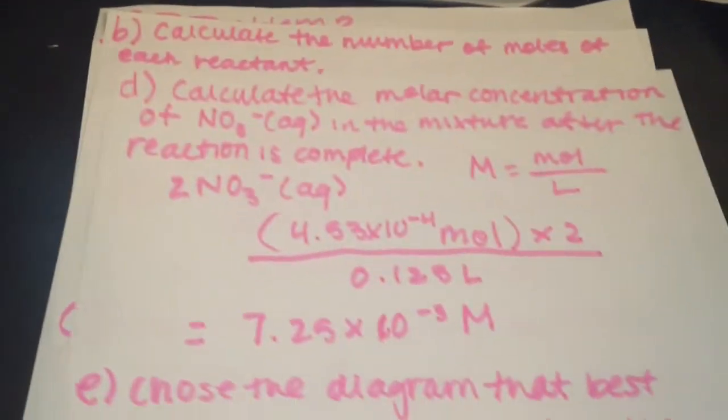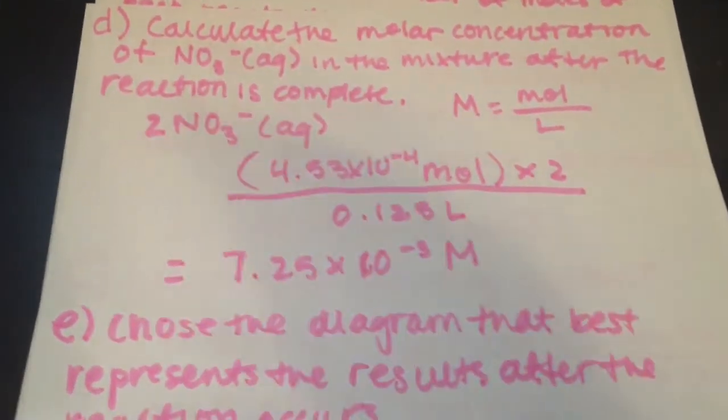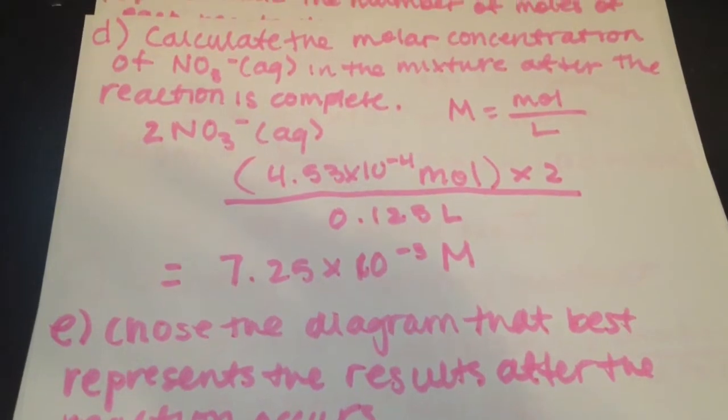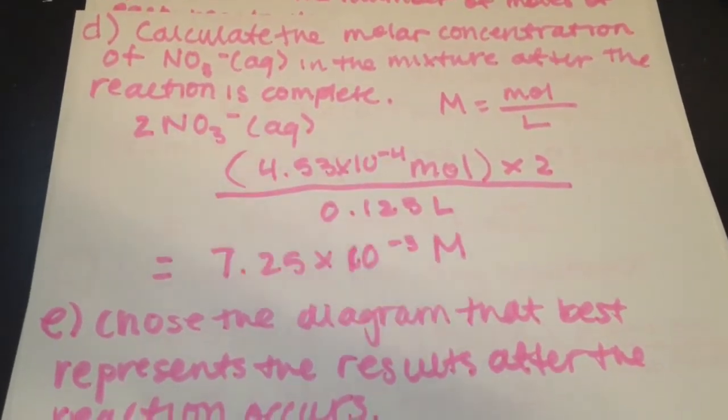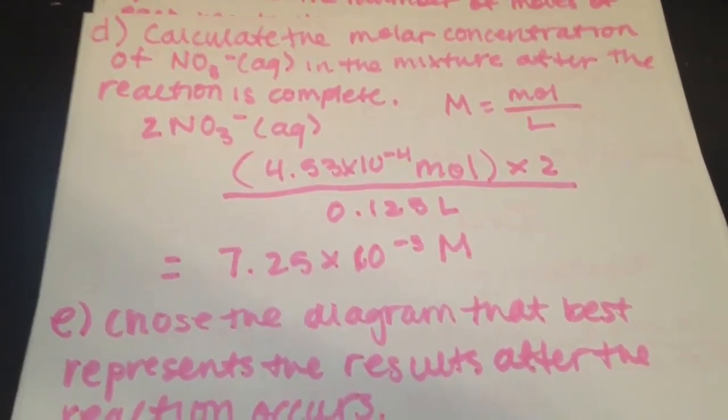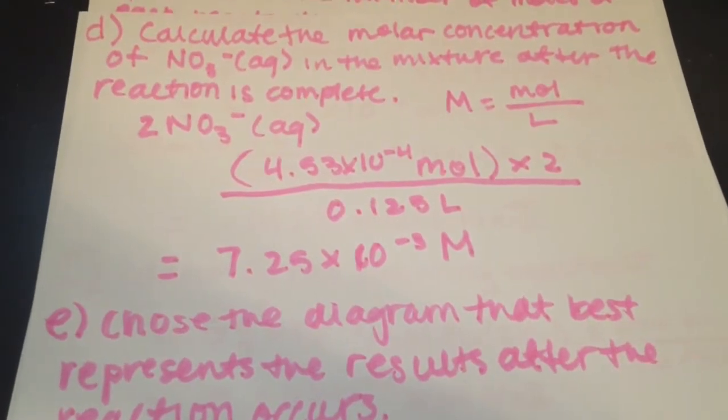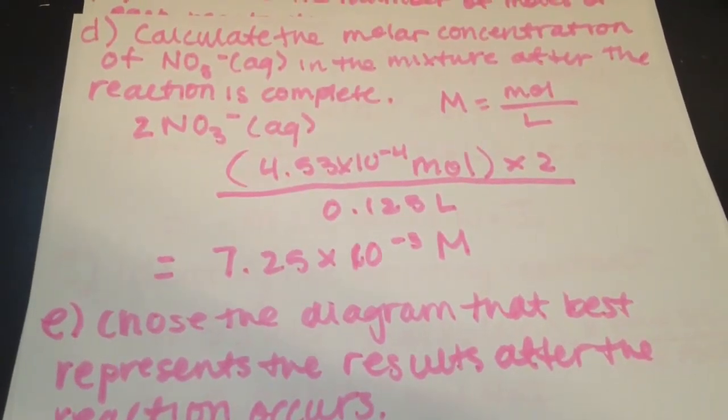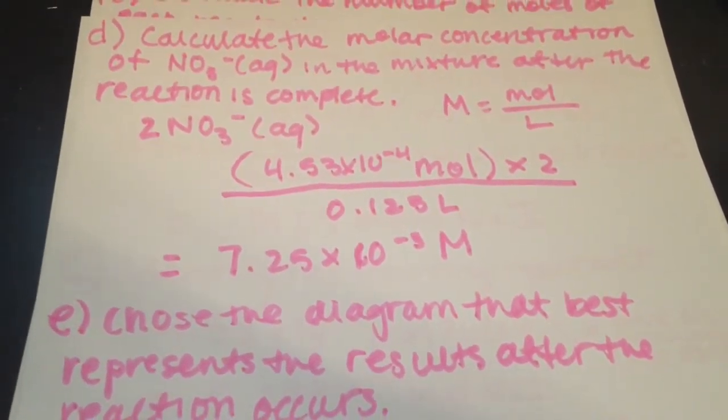In part D, we had to calculate the molar concentration of the NO3 minus ions in the mixture after the reaction is complete. So to find concentration, we use molarity, and that's moles divided by liters.